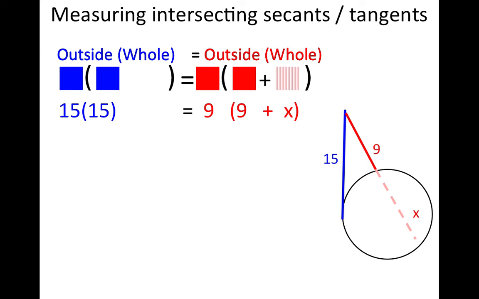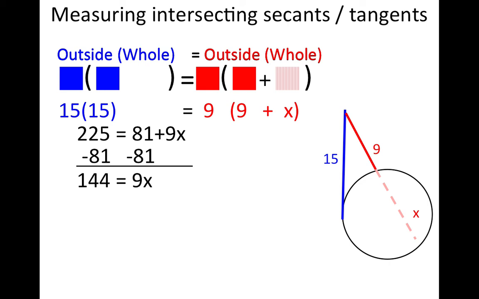Outside times the whole equals outside times the whole. Multiply that out, subtract 81 from both sides, and I get 144 equals 9x. Divide both sides by 9, and I come up with a final value of x equals 16. So the value of that chord is 16.